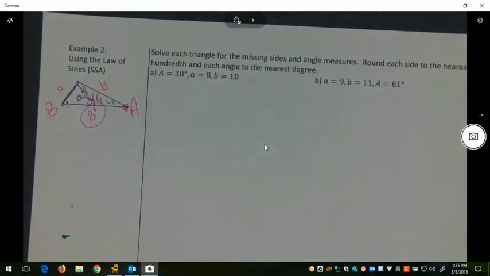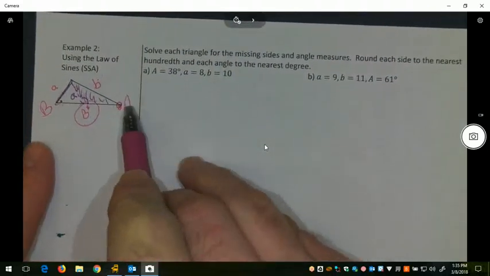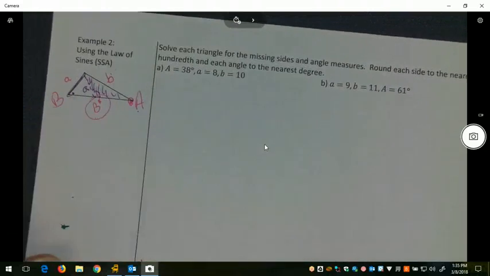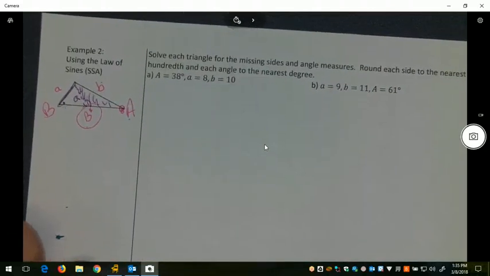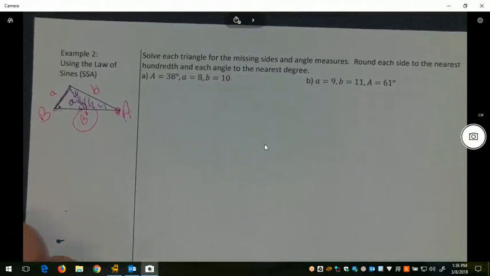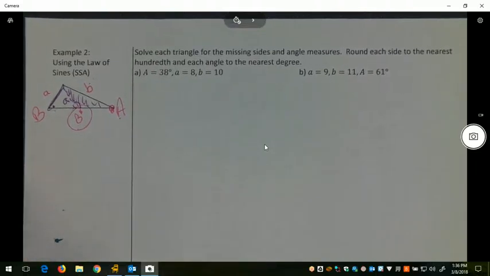So when we are given an angle and two sides, and it's in the order of angle side side, we have to be careful because there could be up to two triangles. It's also possible that there is only one triangle, and so as we go through the math, we'll see what happens when there's not any triangles or when there is one.